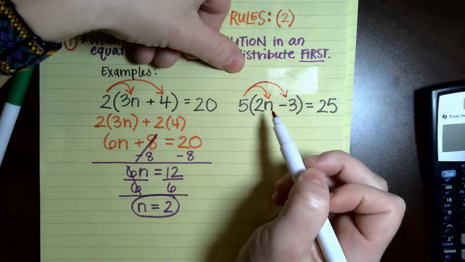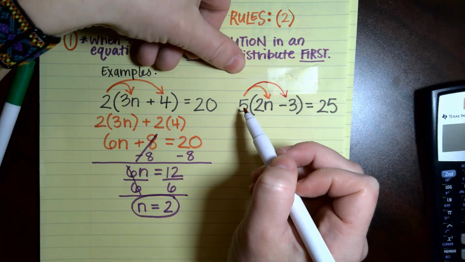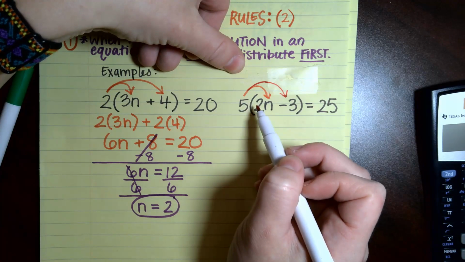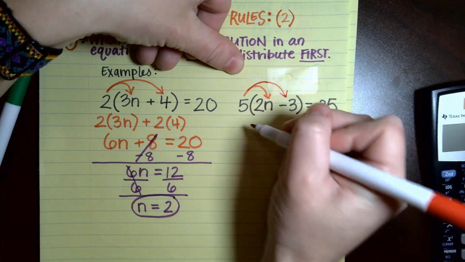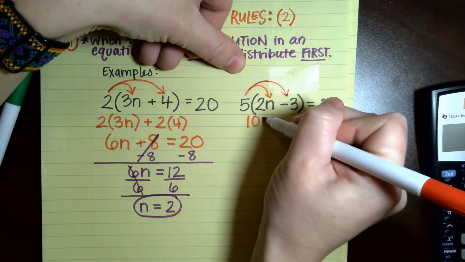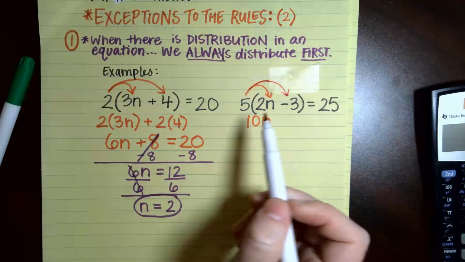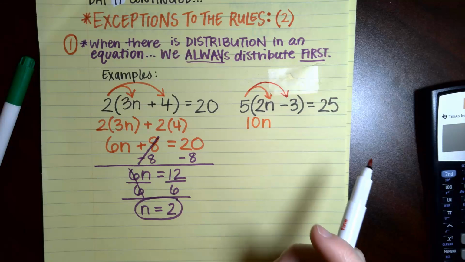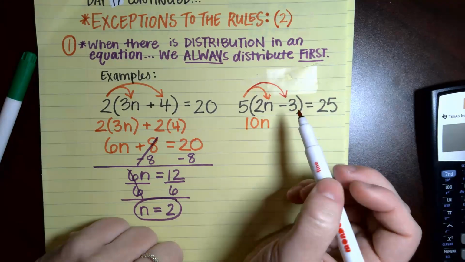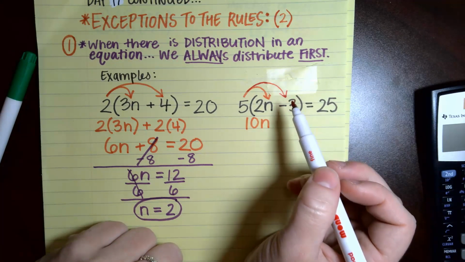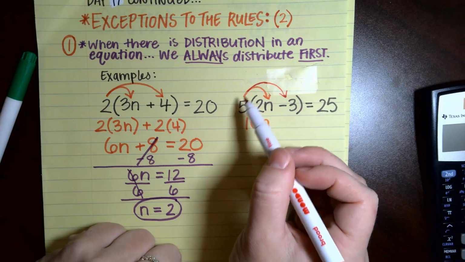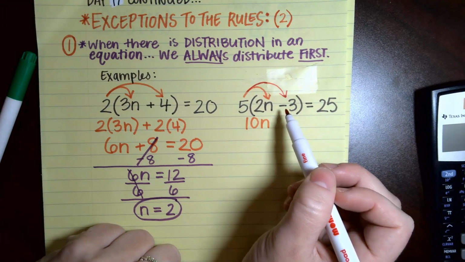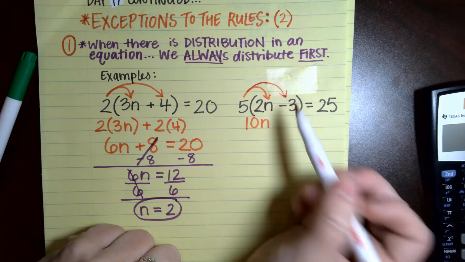But if you guys are okay with it, I'm just going to tell you we're doing 5 times 2n, and you told me that was 10n. I don't want to make too many steps for you and get you guys lost in the process. Okay, now we have 5 times what? 5 times 3. What's that going to be?